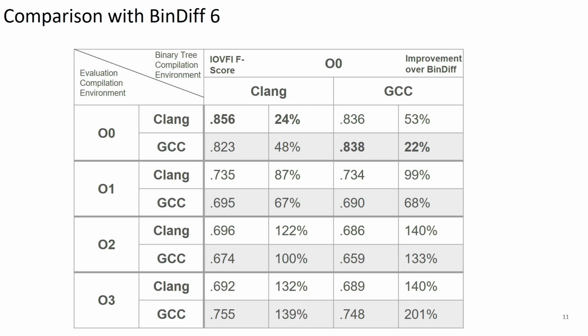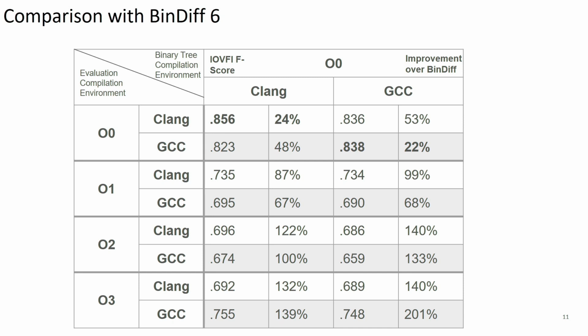So when we compare against BinDiff 6, we always improve over the F-score that BinDiff achieves. However, when the compilation environments are the same as in the bolded records, our improvement gains are fairly modest, about 22 to 24% over BinDiff 6.